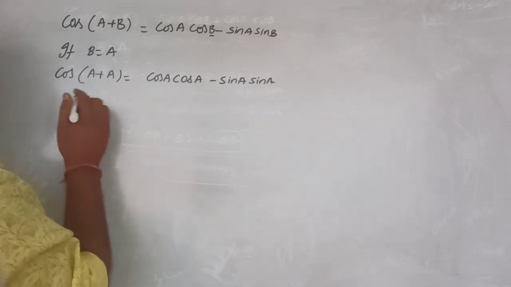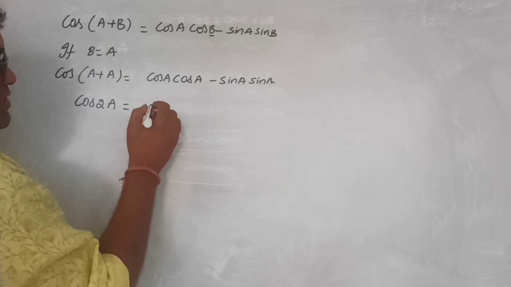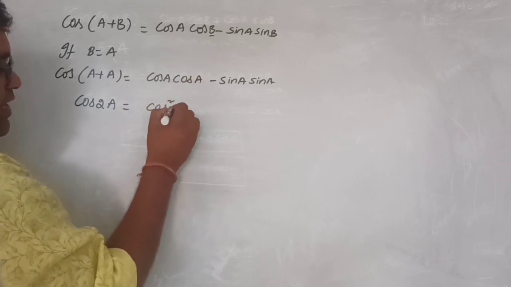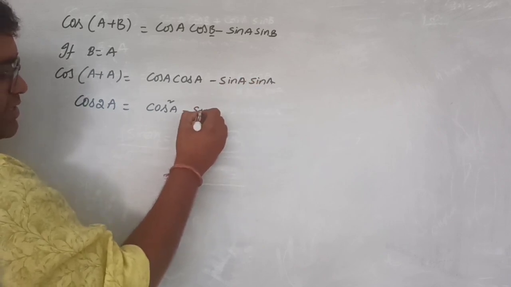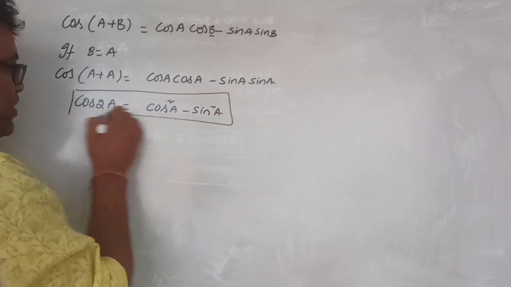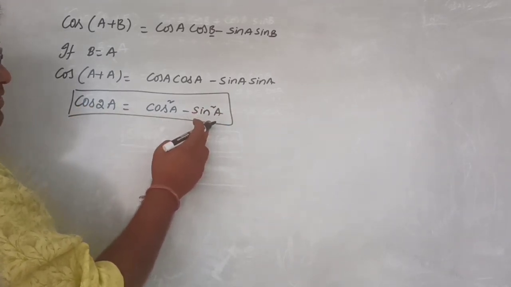So cos of a plus a is cos 2a. Cos 2a is equal to cos into cos, which is cos square a, minus sin a into sin a, which is sin square a.